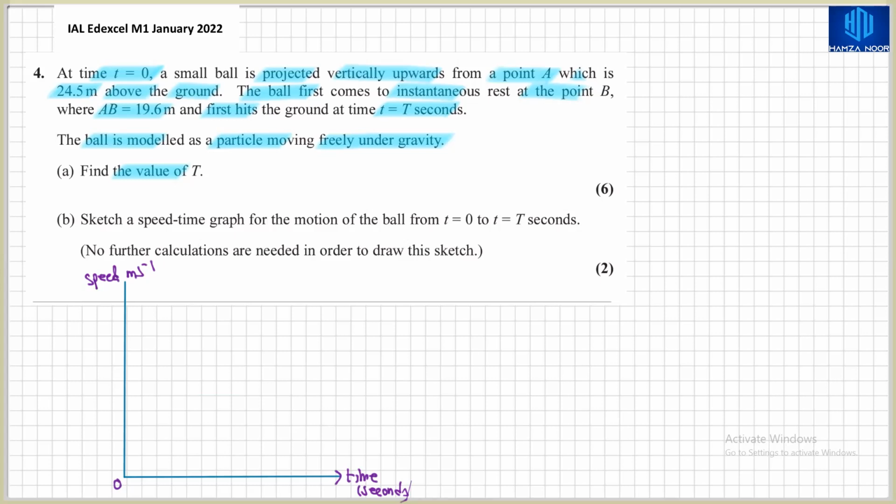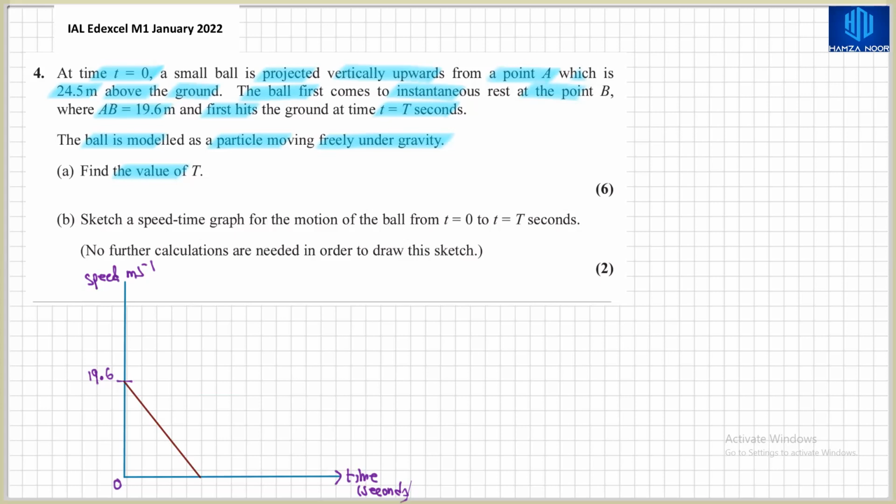And as you already know from part A, we have calculated the speed of the projection, meaning the speed at the point A, the initial speed. So it is 19.6 meter per second. So here we are going to make a line which is downward sloping, and acceleration is minus 9.8 over here.